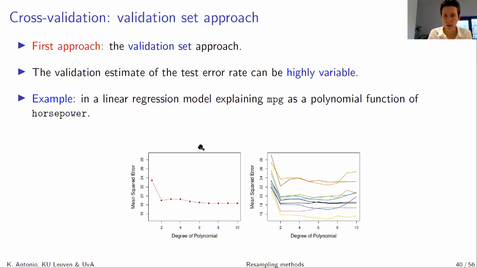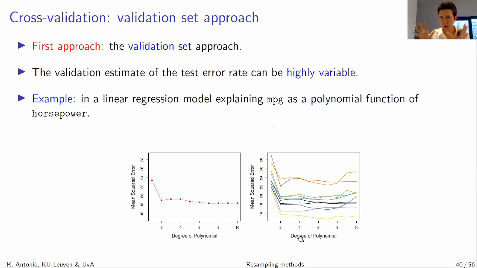And I'm going to illustrate these different concepts here with an example, again, taken from the book, An Introduction to Statistical Learning. And what we're going to do is we're going to use the famous MPG data in R, and we're going to model this MPG target variable as a polynomial function of horsepower.